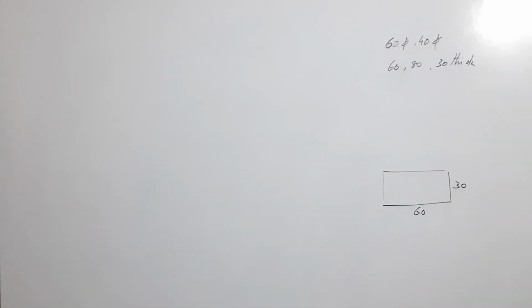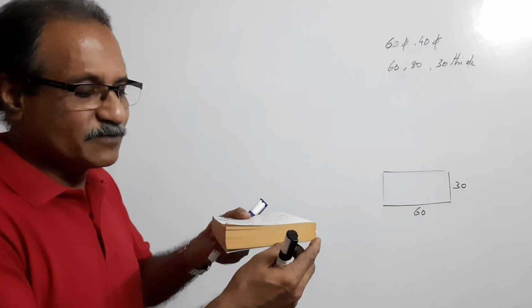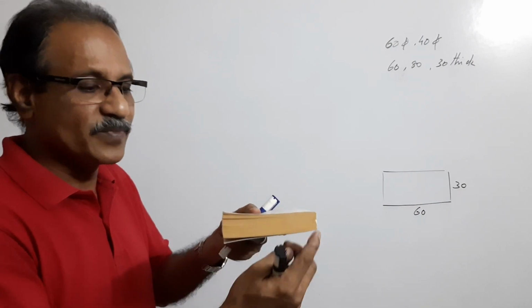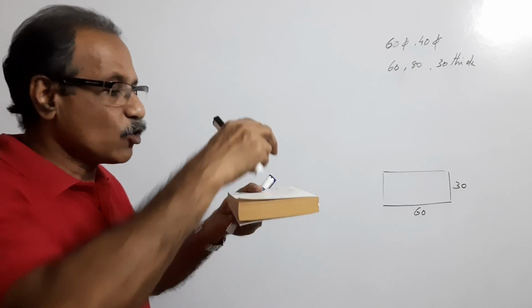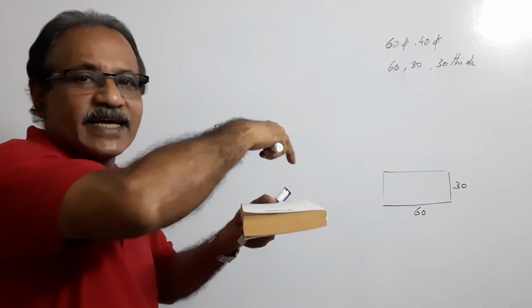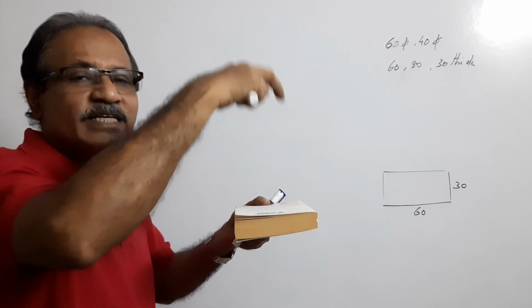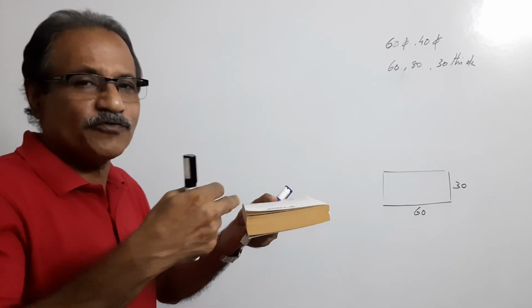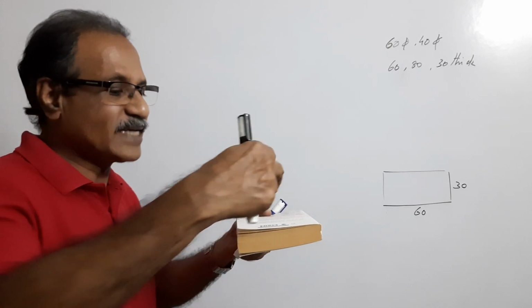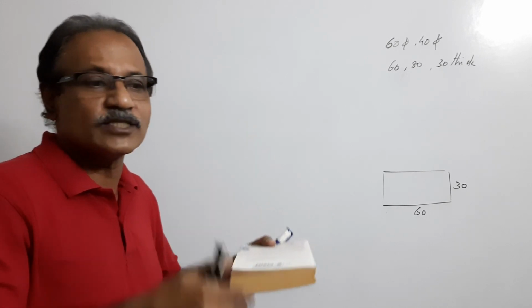You can consider this as a slab, 60, 80 and 30 thick. It's resting like this. On its top, a cylinder is resting like this, a cylinder on its generator. The axis of the cylinder is in the direction of the longer side of the slab.